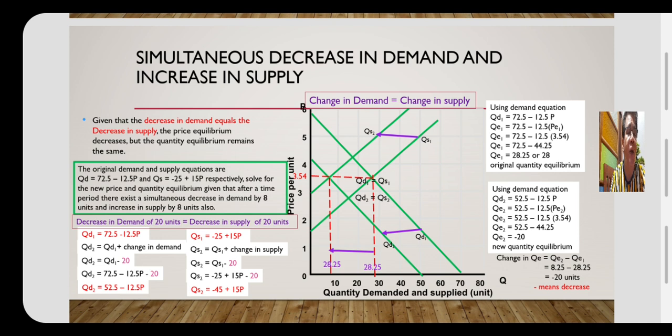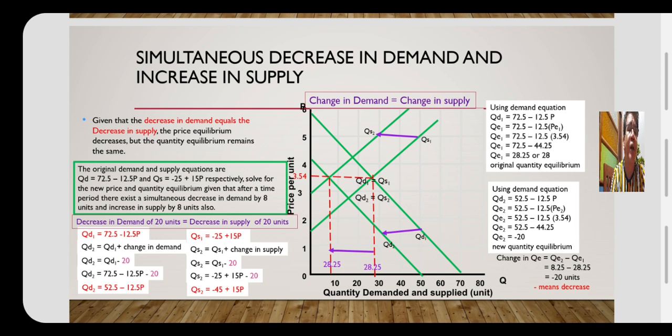Change in quantity equilibrium is 8.25 minus 28.25. The new quantity equilibrium is 8.25, and the original quantity equilibrium is 28.25. So the amount of change in quantity equilibrium is negative 20, and that is correct.